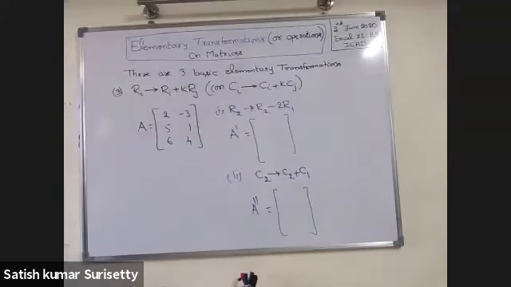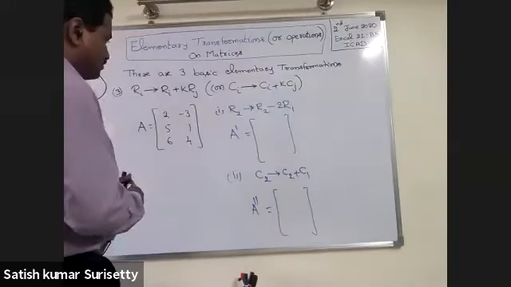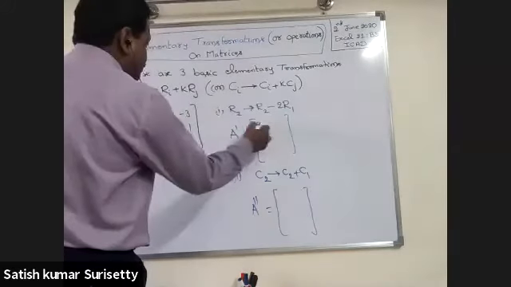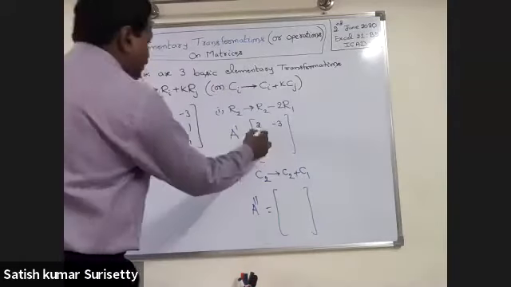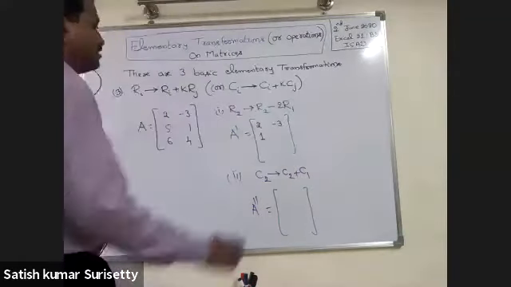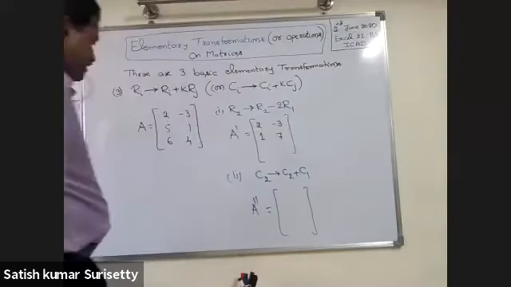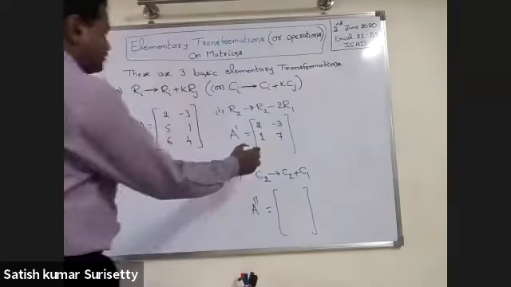Tell me the elements of A dash row wise. First row 2 minus 3. Second row, tell me the elements now. 1, 7, correct. Next, third row 6, 4.